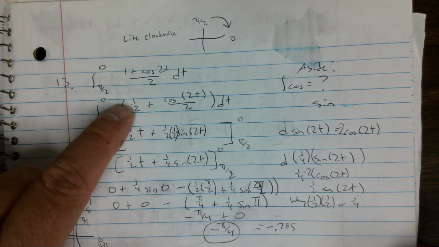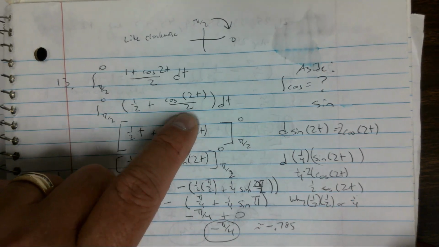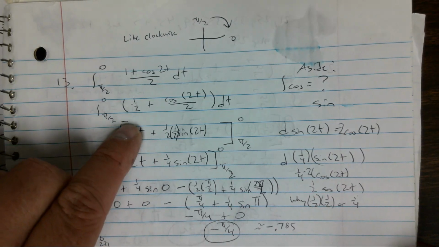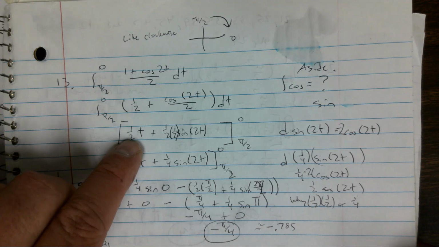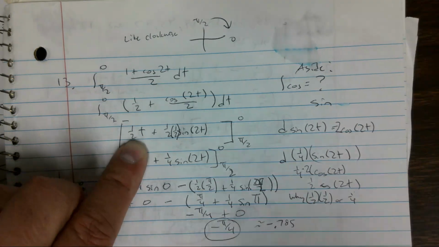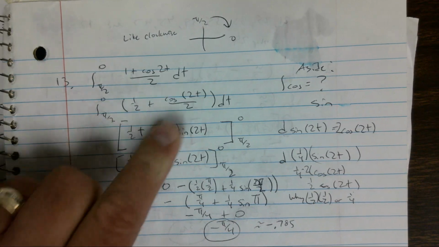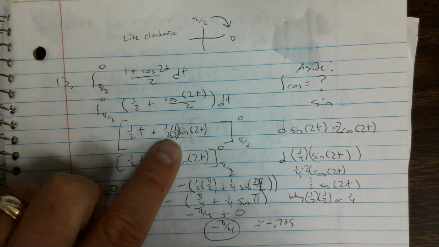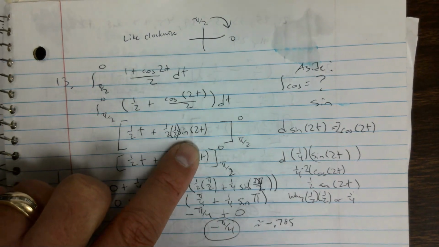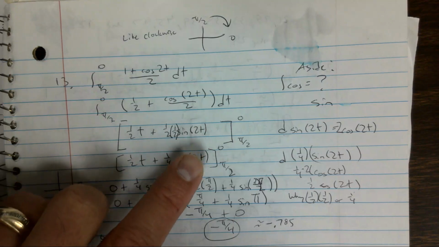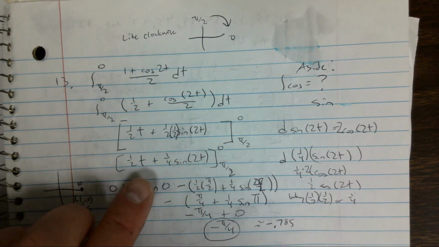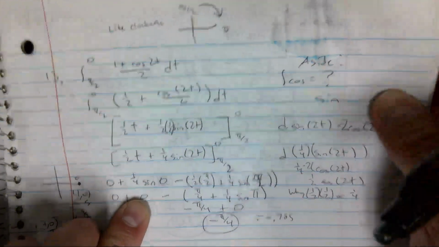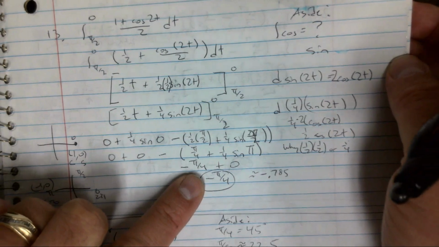What I did first is I split it up into half with the denominator here, and then if you have a half and you're doing the integral, it's a half t. I mean, you would have thought a half x, but we have to use the t variable. And then for that one, it's a half with an extra half of sine. And then we make that a fourth, and then evaluate it, and then get negative pi fourths, which is about negative 7.85.